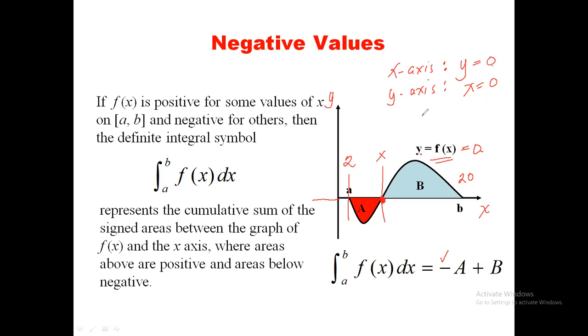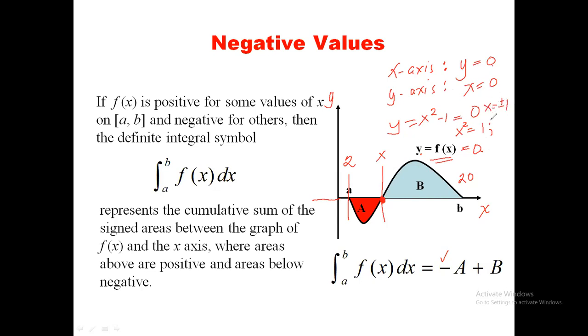Example, this function of x is x squared minus 1. This is just an example. The equation of the function is x squared minus 1. You equate it to 0. Then you find x. So x squared is equal to 1. You transfer it here. And what you get is x is either positive or negative 1.